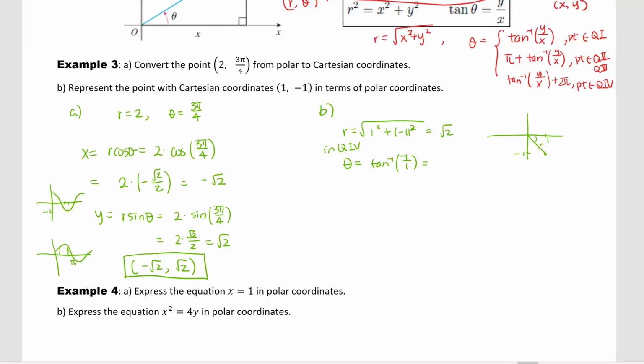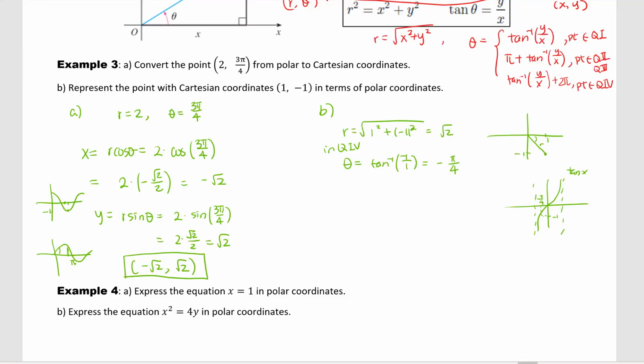Arctangent of negative 1 is negative pi over 4. Why is that? What's the picture of tangent? Well, this is a picture of tangent. The x values of the arctangent correspond to the y values of the tangent. So the y is negative 1. What's the corresponding x value? Yeah, negative pi over 4.